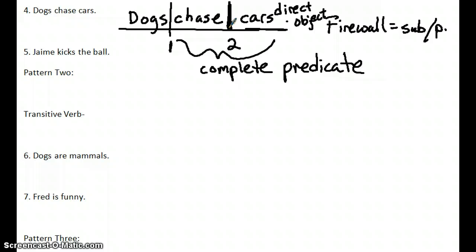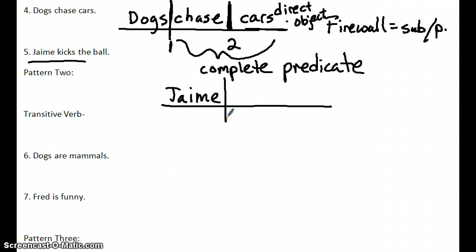There's only one wall that's strong enough to separate the subject and the predicate, and that's the one that cuts through. Okay? Now, we can do the same thing with sentence 5. Jamie, what does she do or he? Kicks.